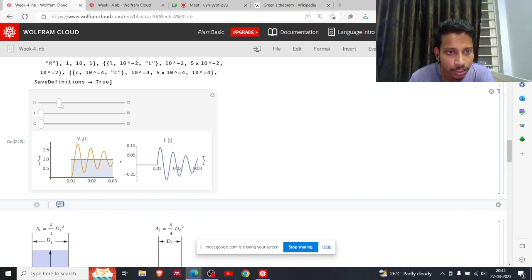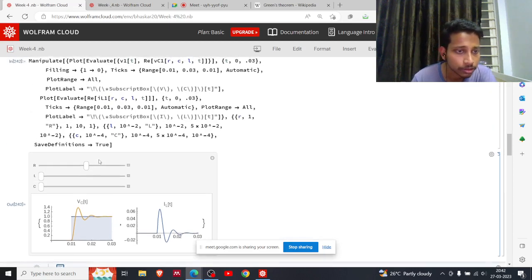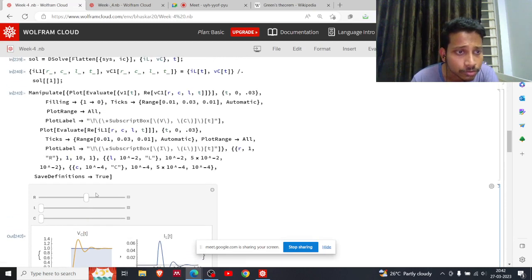So with changing the R, you can see the change in the nature of the VC and IL.